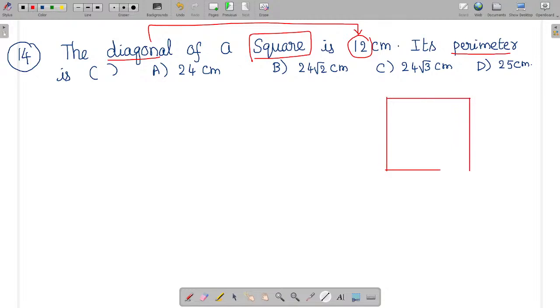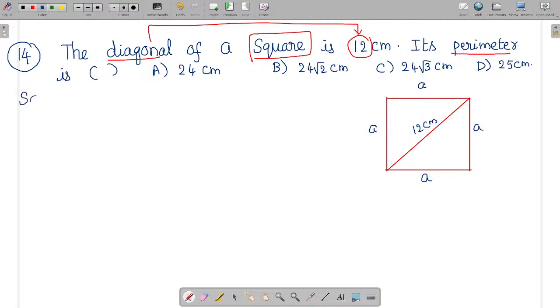Square means in which four sides are equal, right? So the diagonal of the square is given, the diagonal is 12 centimeters. Then perimeter. Perimeter means, say for example A, this is A and A.